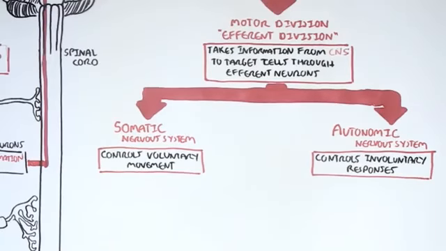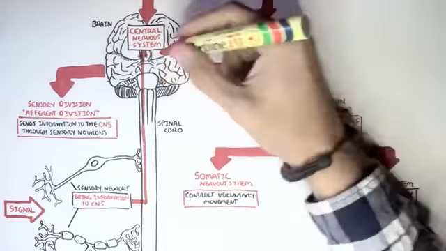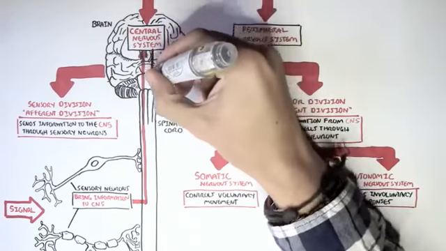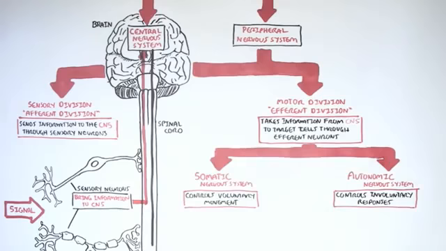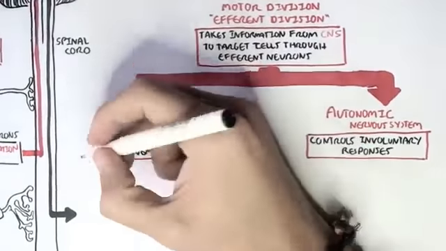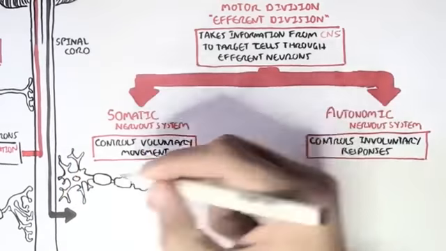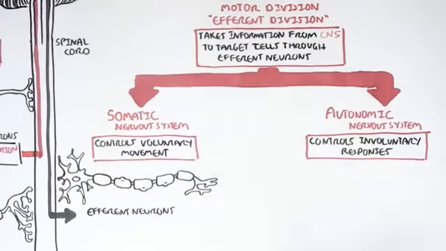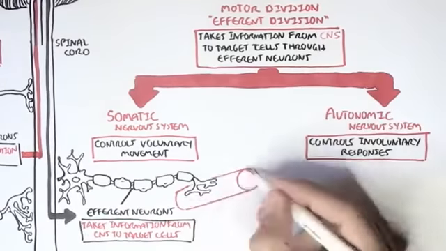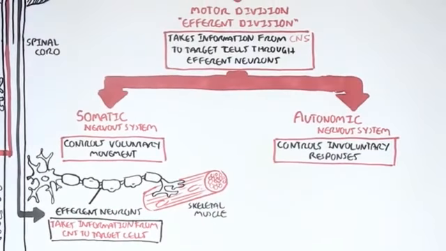Let's look at the somatic nervous system first. An obvious example of the somatic nervous system is where information or signals are coming from the central nervous system through these efferent neurons here to target skeletal muscle cells for movement. So skeletal muscle cells are the target cells. And this is part of the somatic nervous system because we can consciously and voluntarily move our arms and legs, right?